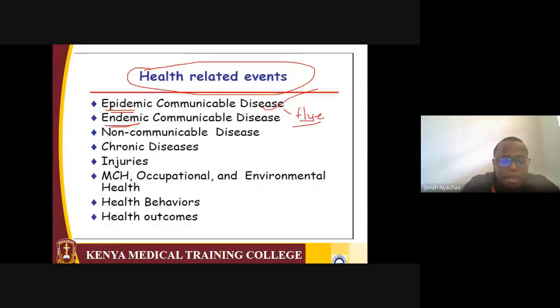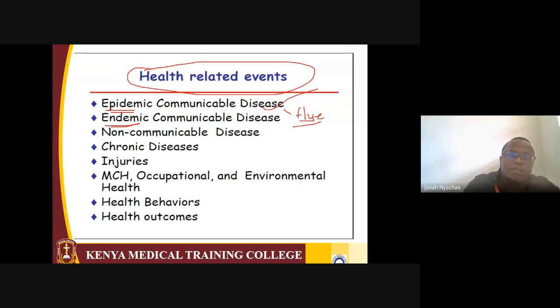So it is an outbreak in a greater than anticipated what? Increase. So it is actually a little bit more. It is endemic. It has been in a particular geographical area. When you go out there, you come back, you still find it there. For example, you can find malaria is endemic in Western Province.